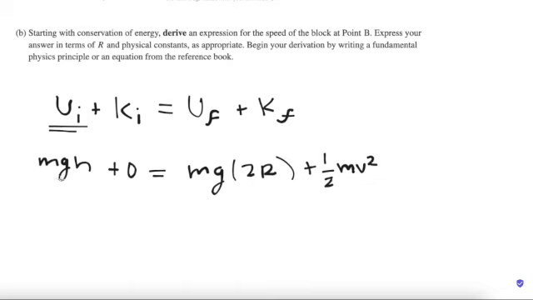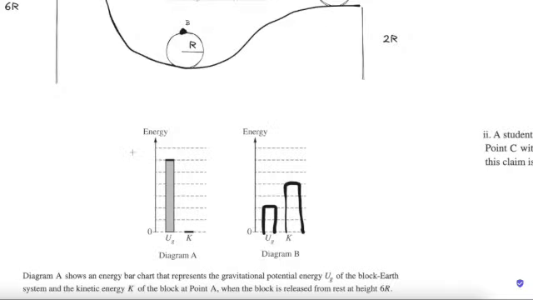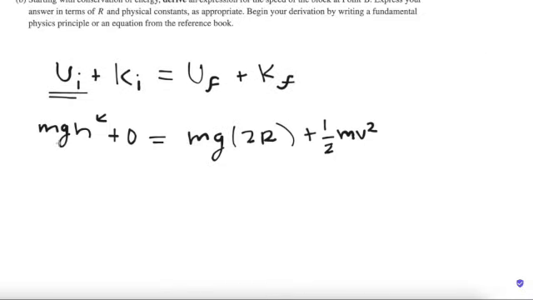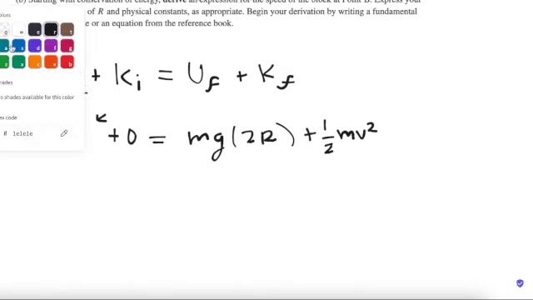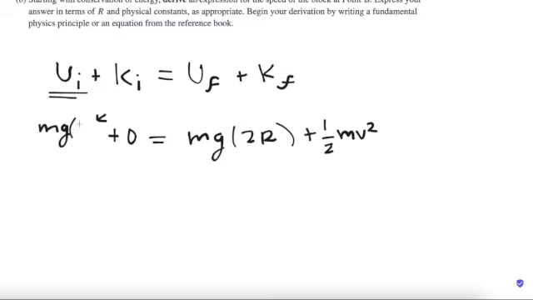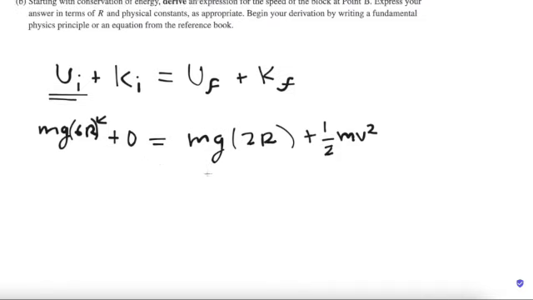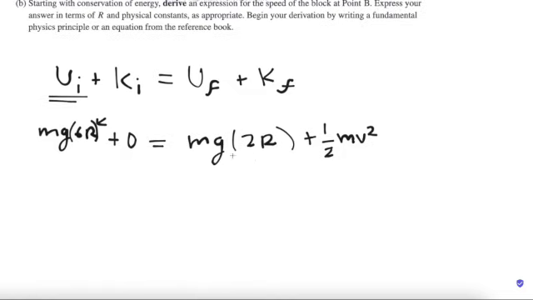Then this h we can replace with 6r because that's the initial point. Let me do that real quick. 6r. So this makes sense, because it starts with mg times 6r, and then it ends with some potential energy and some kinetic energy. So let's solve this out.